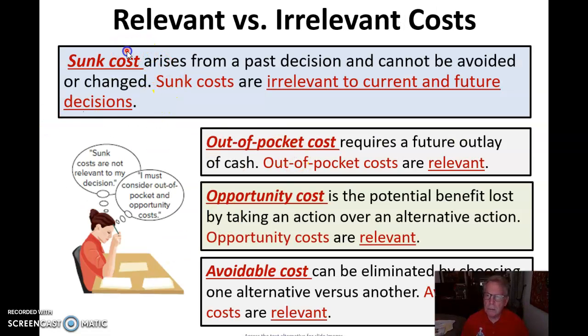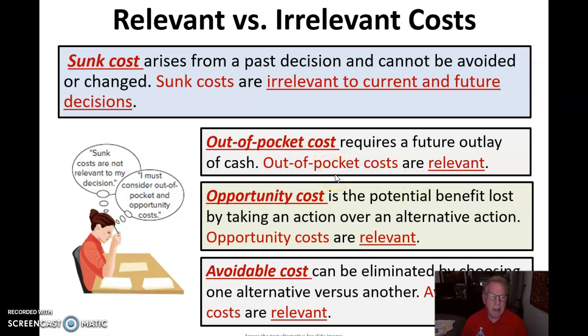Another terminology, sunk cost, that arises from a past decision and cannot be avoided or changed. Sunk costs are irrelevant, not relevant to current or future decision making. Out-of-pocket costs. Those are costs that require a future outlay of cash. Out-of-pocket costs are relevant. Opportunity costs.